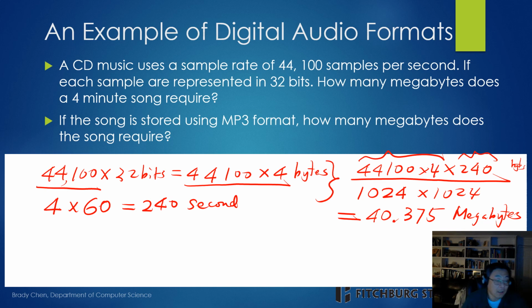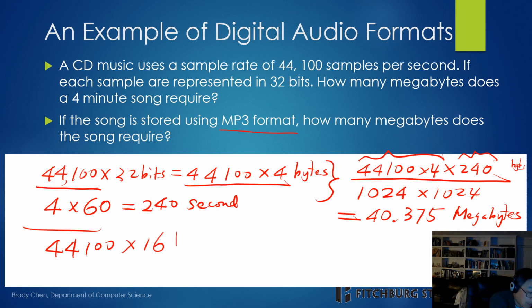Now, if we use the MP3 format, so we store the same song using MP3 format, how many megabytes does this song require? Now, there's not much difference because MP3 also uses the 44,100 sampling rate, but for each sample, it uses 16 bits, which is actually 2 bytes, right?